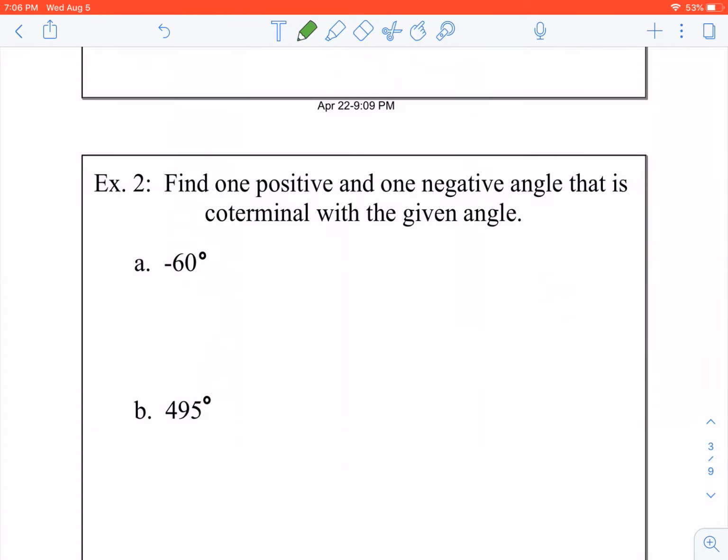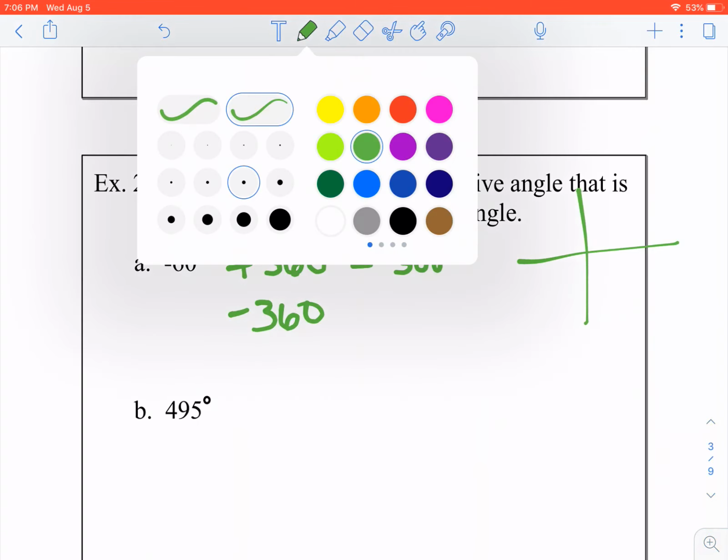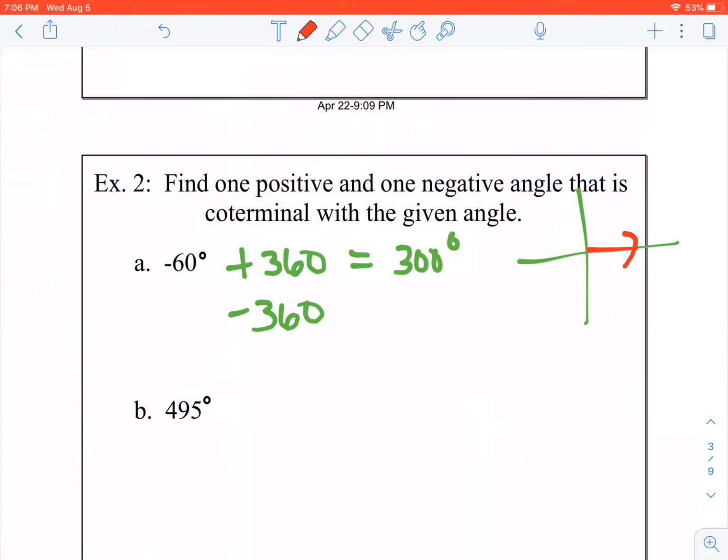If you're being asked to find one positive and one negative angle that is coterminal with the given angle, the easiest way to do this is add 360 and subtract 360. We want one positive, we want one negative. If I take negative 60 plus 360, I get a 300-degree angle. If I plot 300 degrees, this is 270, so it's going to look like this.